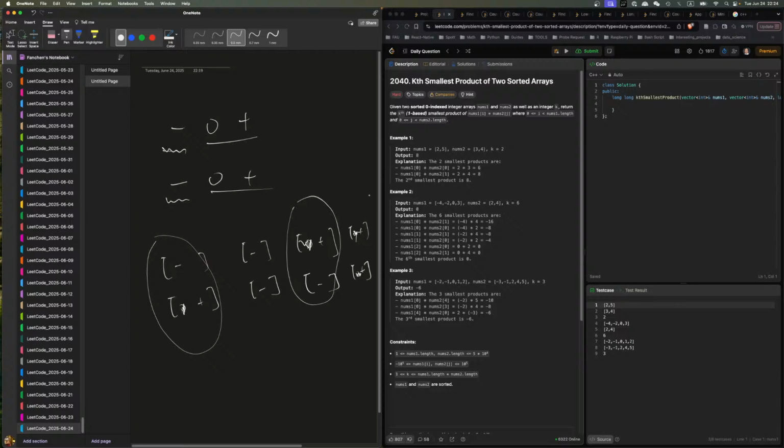Let me think. Kth smallest, right? We have this and this and this and this. So we find the kth smallest in this section, let's say minus something. And then we find the kth smallest on the other section that's minus something.